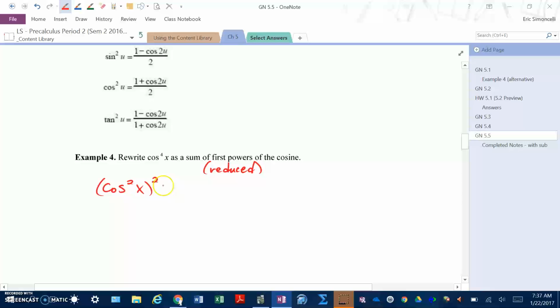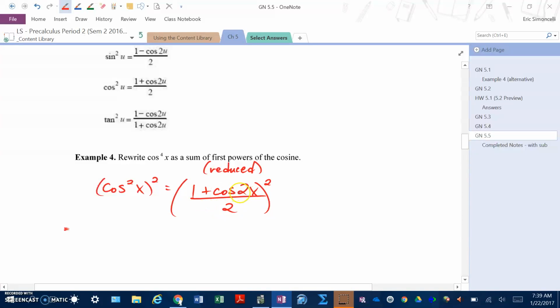Okay, so when we take a look at cosine to the fourth, right away we'll say cosine squared squared, which in turn, if we take a look at the second formula here, cosine squared being 1 plus cosine 2 times the angle all over 2, and that whole quantity will be squared. In the next step, we'll start the foiling process.